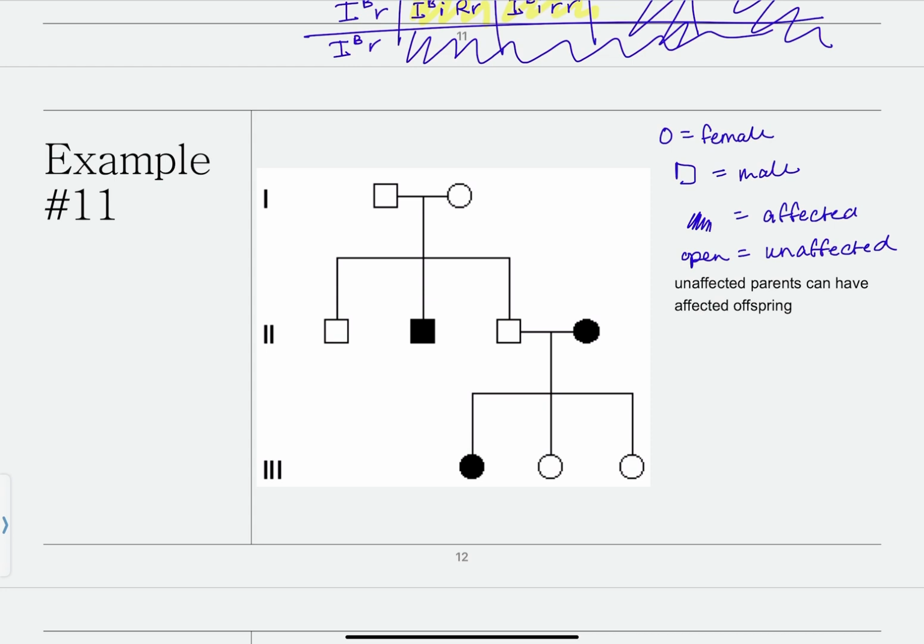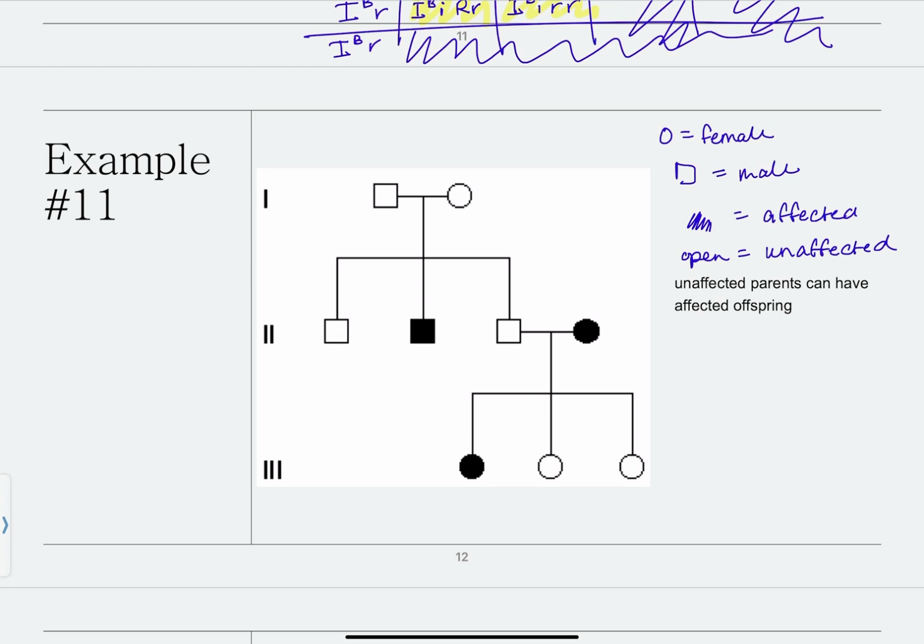So a really easy way to tell when you're looking at a pedigree if it's dominant or recessive is if you see a very low number of affected people relative to all the people in the pedigree, it's likely going to be a recessive trait because you would have to have two recessive alleles in order to be affected.